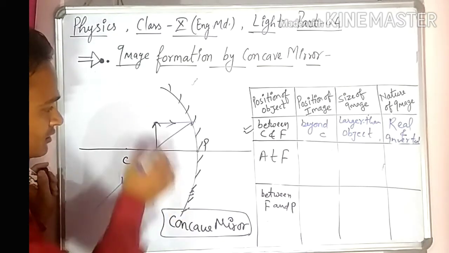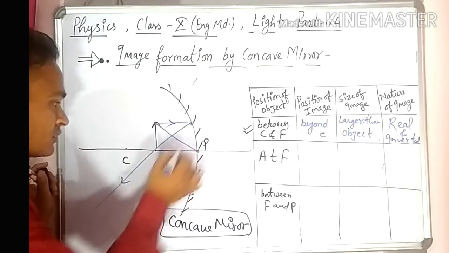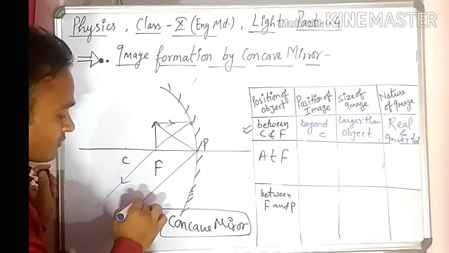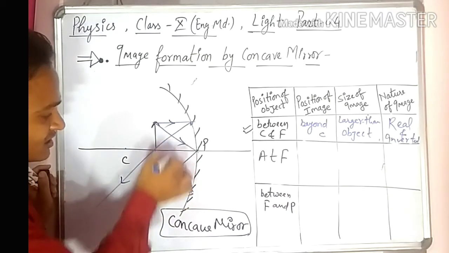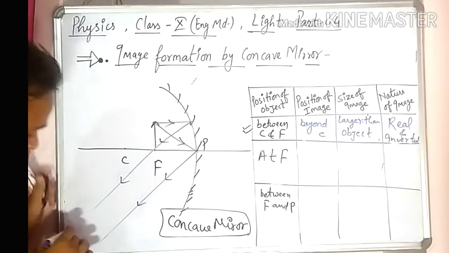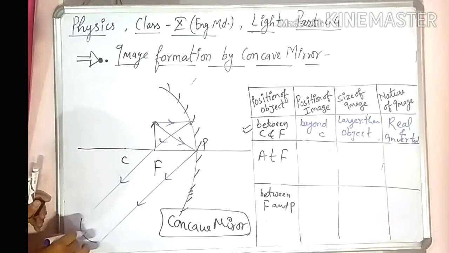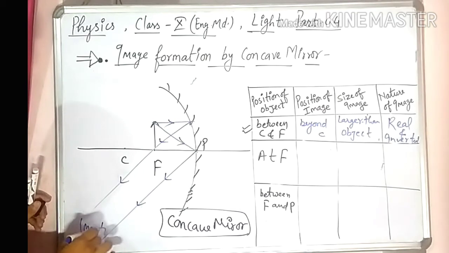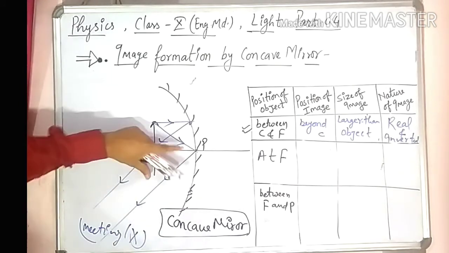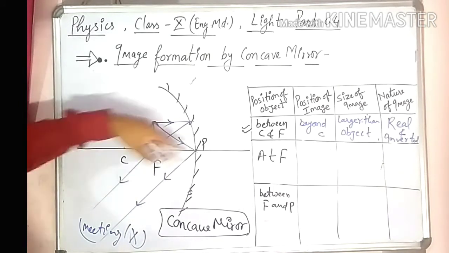Next, a ray of light passing from the pole will reflect with the same angle. Are they meeting? No. There is no meeting point of the rays after reflection.